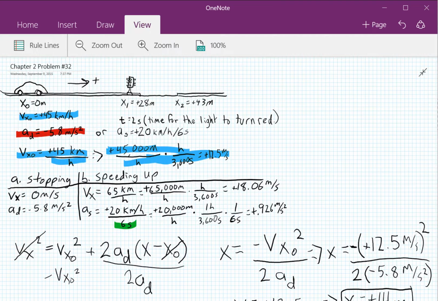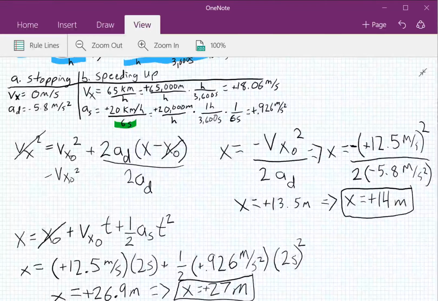Okay, if it wasn't for that time being 2 seconds, if it was even 4 seconds, then you might end up with a different answer. Okay, you might be able to say yes, the driver can go through the intersection. But because it only takes 2 seconds for the light to turn red, the person's not going to be able to go through. And that concludes your answer for this example.